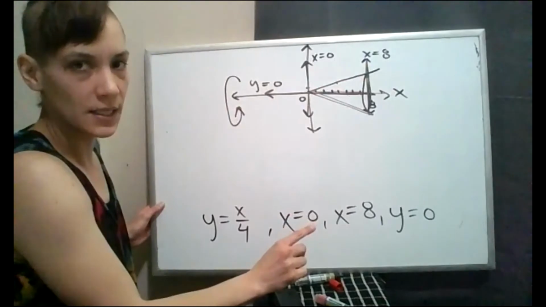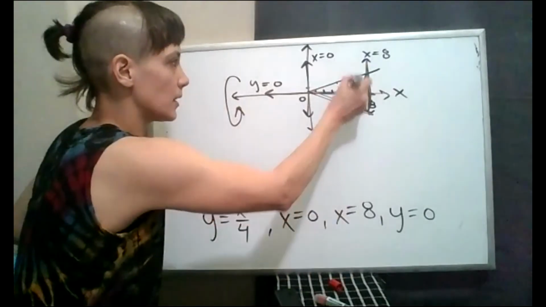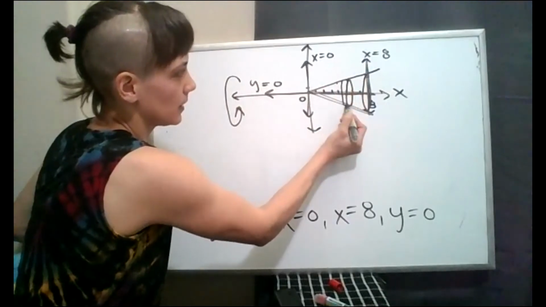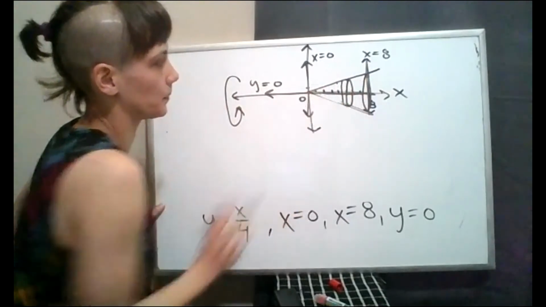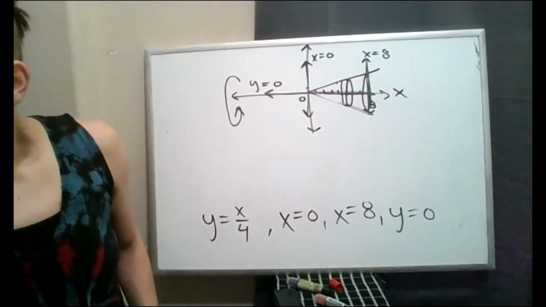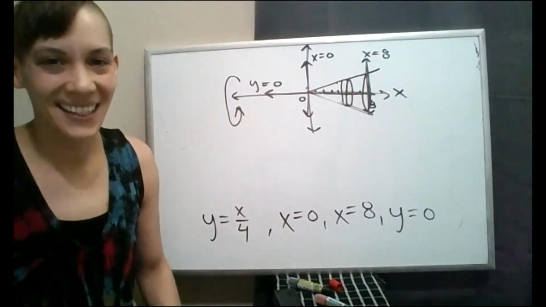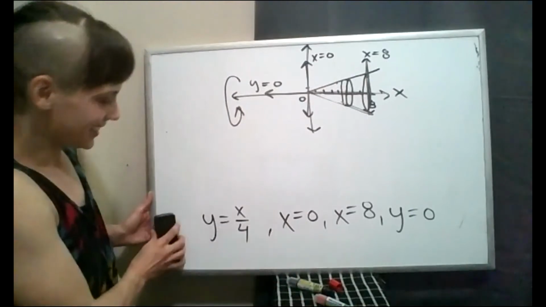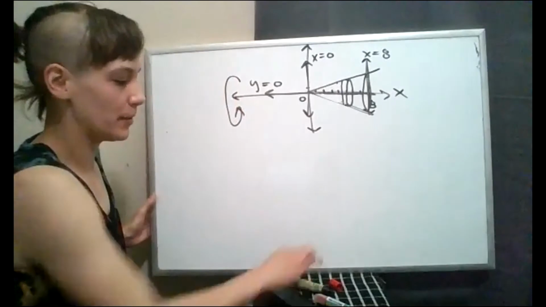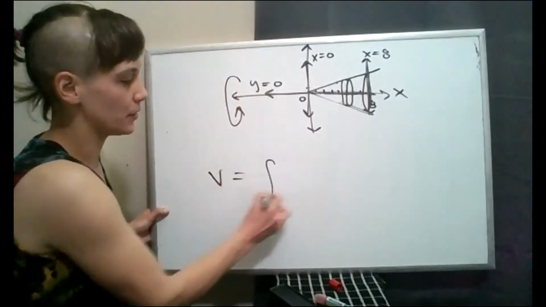And we're going to put a disc inside. So disc, a little bit of width. Let's see. I want to double check, but if I remember right, the volume is just the integral.